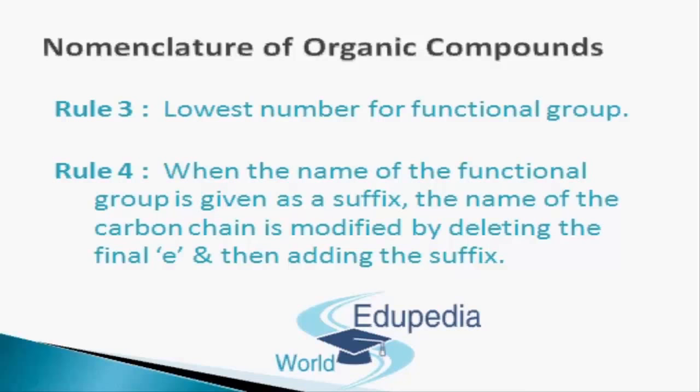Rule number 4 is when the name of the functional group is given as a suffix, the name of the carbon chain is modified by deleting the final E and then adding the suffix.